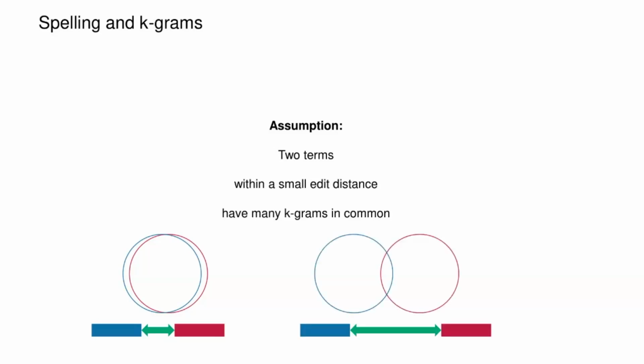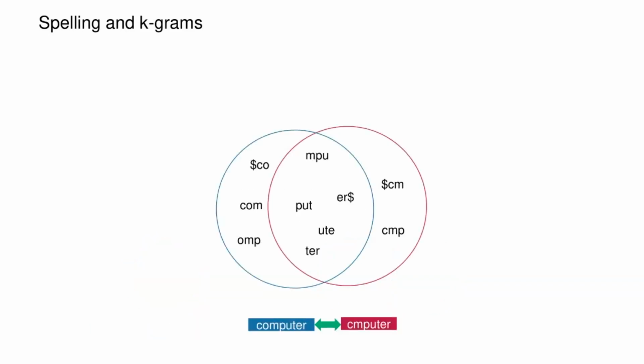And then either they intersect a lot, like on the left, or they do not intersect a lot, like on the right. And then you can conclude if the words are similar or not, right? So on the left, that would be very similar. They have a lot of k-grams in common. And on the right, not very similar.